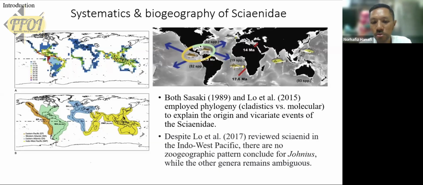Even though Lo in 2017 reviewed the Sciaenidae in the Indo-West Pacific, IWP, actually they could not answer the geographic pattern. Why do I say this? Because they are molecular, genetic people.